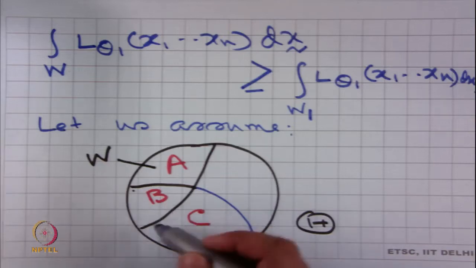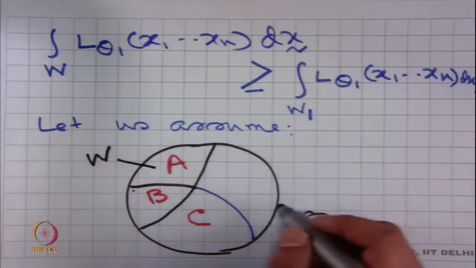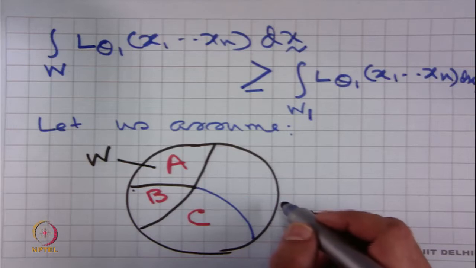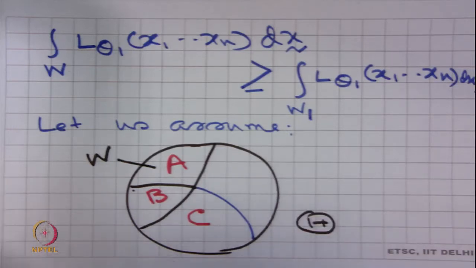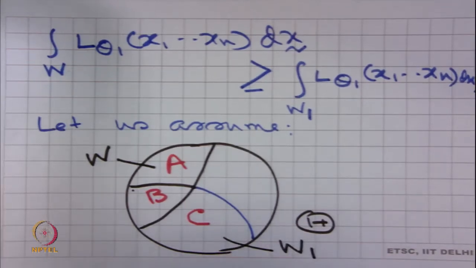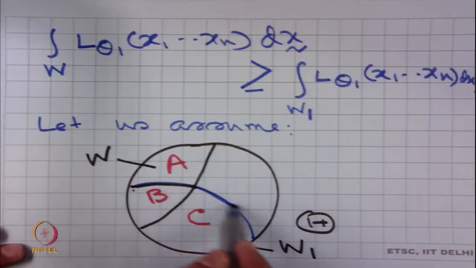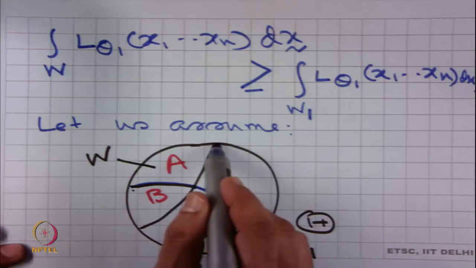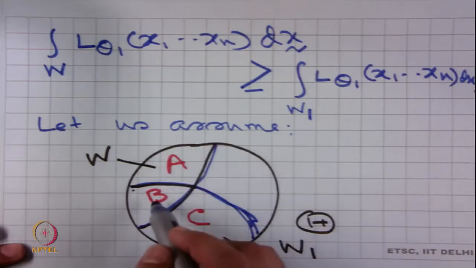W is a subset of the parameter space theta, and W 1 is another subset of the parameter space theta. In general, they may have an intersection, and according to the diagram, the intersection is B.